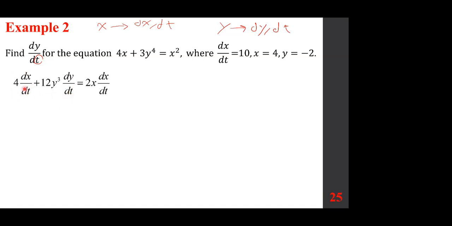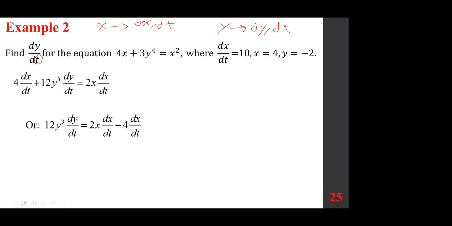I'm going to move the 4 dx dt. Okay, so I'm going to move this, everybody, and it becomes negative on the other side. So I'm going to solve for dy dt, so I'm going to get rid of 12y cubed. How? I'm going to divide both sides by 12y cubed. It's that simple.